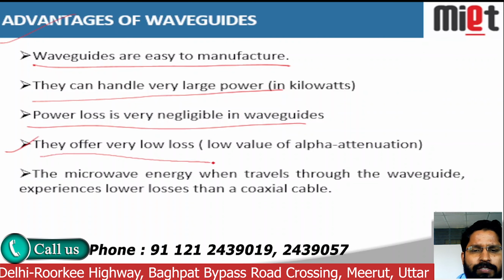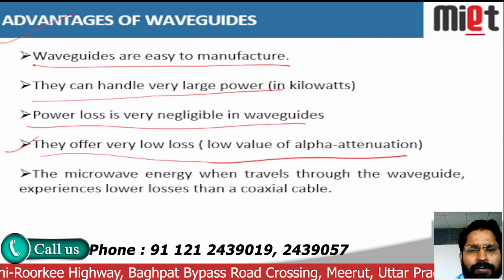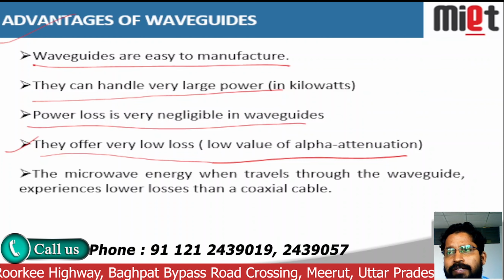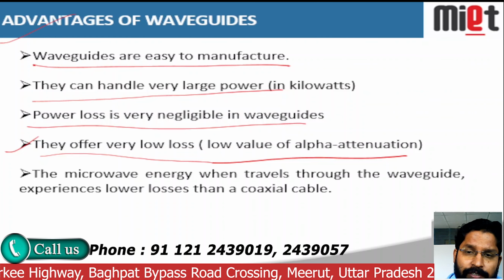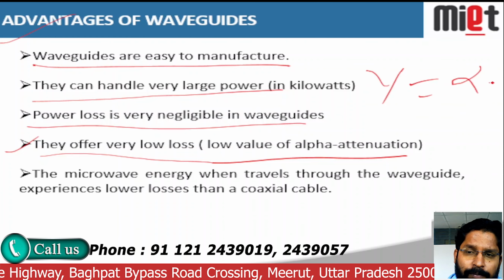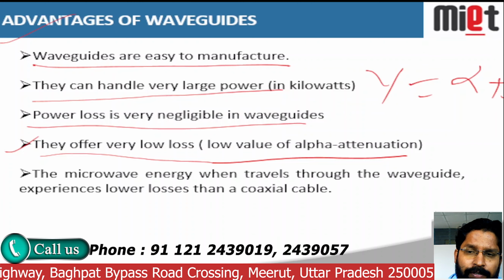They offer very low loss, a low value of alpha, the attenuation. Gamma is the propagation constant, alpha plus j beta.